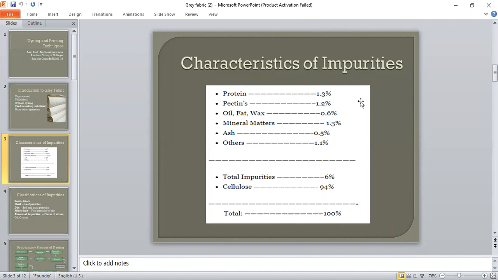Impurities are basically natural and artificial. Natural क्या हो गई? Leaves, ये foreign matter, ये क्या हो गई? Natural. And artificial is like oil, wax, which are added during the construction of fabric. These are accidentally added in the fabric.